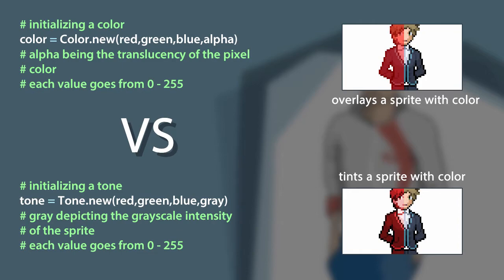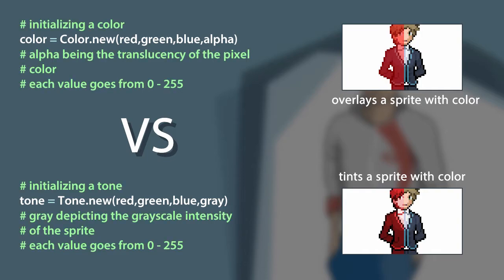So tone is a Tone.new object, and it accepts the RGB parameters, so red, green, blue values for the colors, but it also has a grayscale, which means that you can basically make all the sprites inside of your viewport fade into a tone of gray or something like that. So their saturation when it comes to the color is going to be either turned low or turned high.